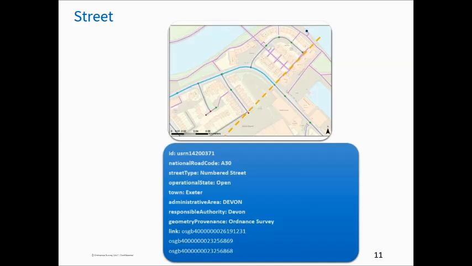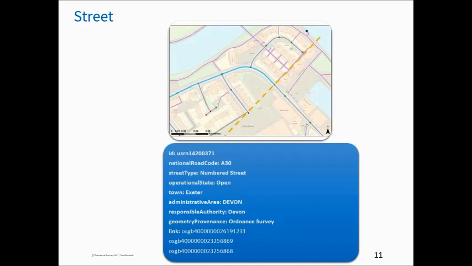A street can also split, as you can see in the example, at the orange dotted line, which splits according to a boundary. So it can also split at a town or a locality boundary, to allow property to be located uniquely upon a street by a geographic identifier, a USRN, as you may know.